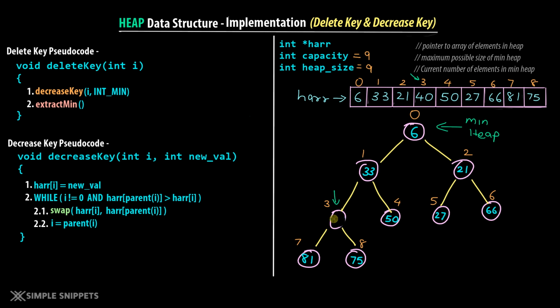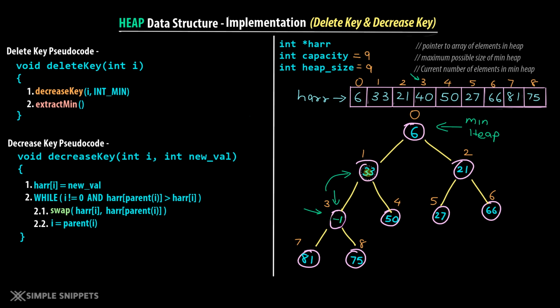Let's assume -1 in this case for now, just for representation purpose. So when you make this value -1, now this is basically violating the min heap property, right? Because for this node, the parent node is larger and that is not possible in a min heap. So for a particular node, its parent node always has to be smaller. So that's why now we will have to swap this -1 and bring it at this location.